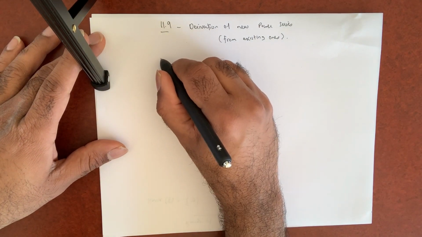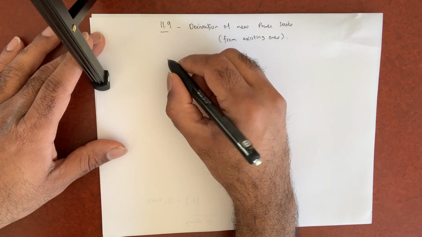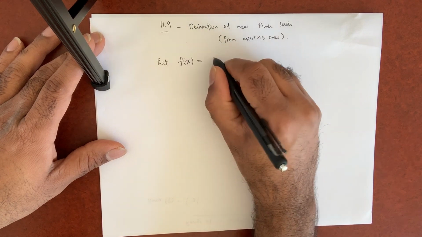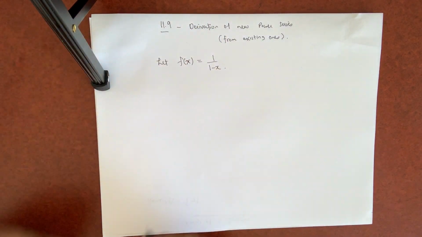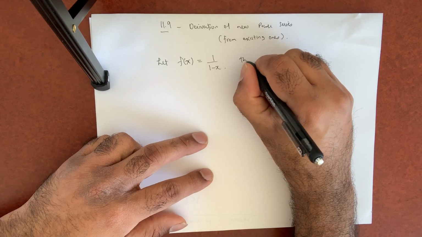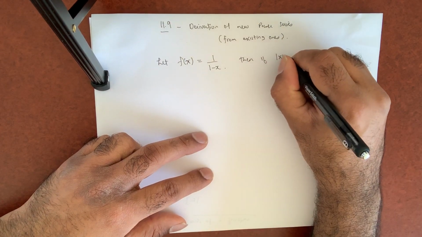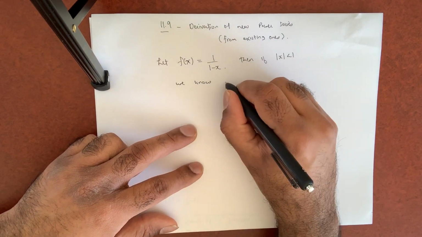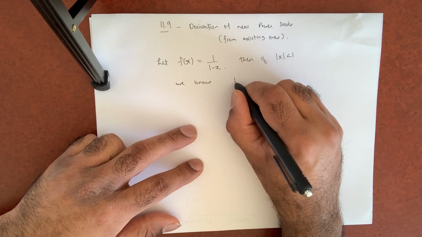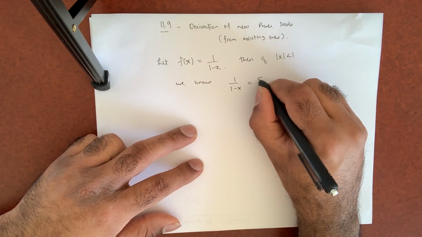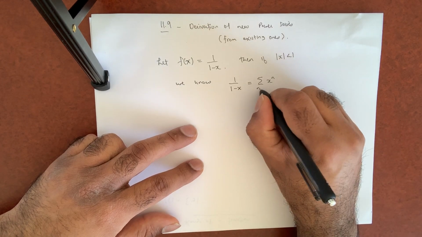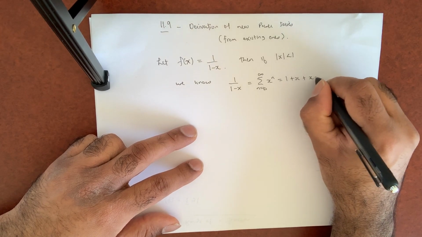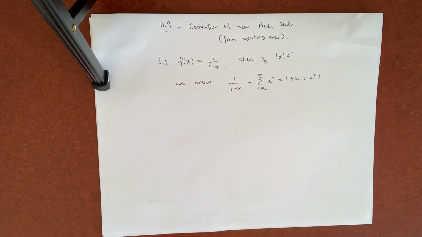But for now, the only really existing power series that we know for a given function, so let f of x be 1 over 1 minus x, then we know if the absolute value of x is less than 1, we already know, essentially using the geometric series, that 1 over 1 minus x is equal to the sum of x to the n when n starts from 0 to infinity. 1 plus x plus... Okay.